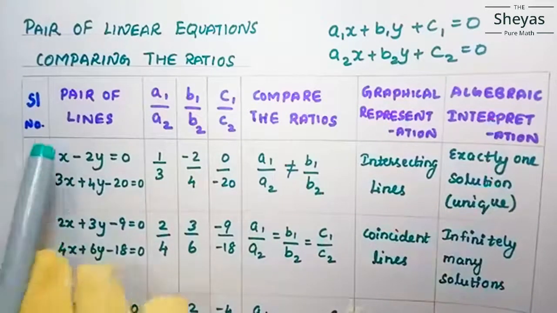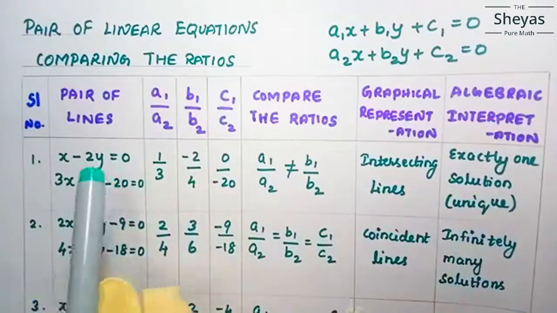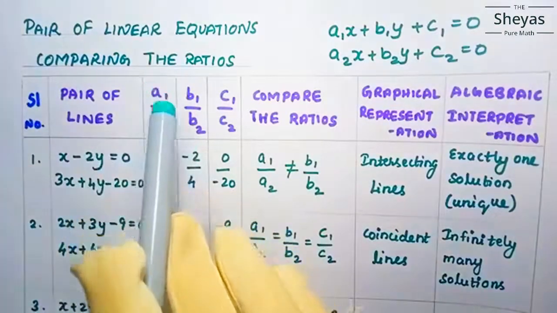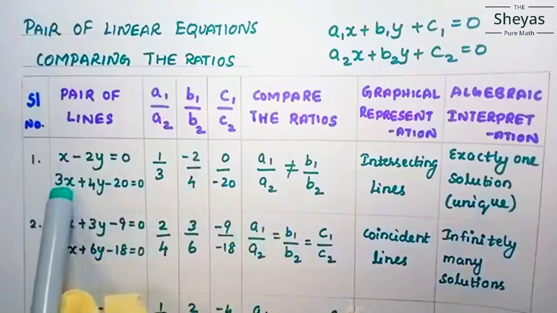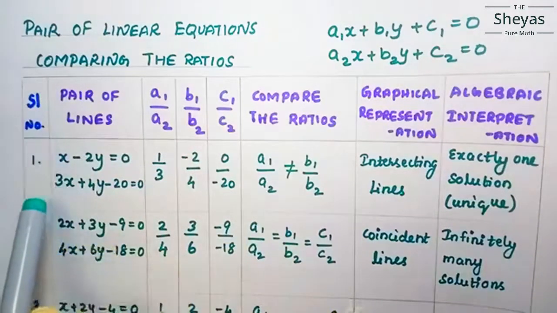So in the first case I have taken two linear equations. So what are the coefficients? a1 by a2. So the coefficient of x is 1, then in the second value it is 3.